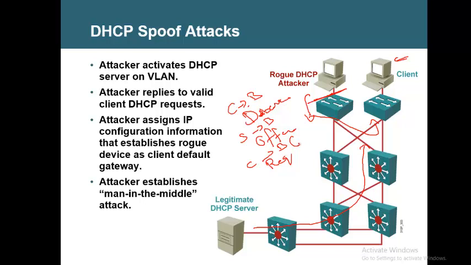Even though he knows the IP address, it is still a broadcast because he doesn't have an IP address to source. He has got only a MAC address to source. So the client sends the request to the bad guy, and the bad guy grants an acknowledgement saying you can use what I have offered.